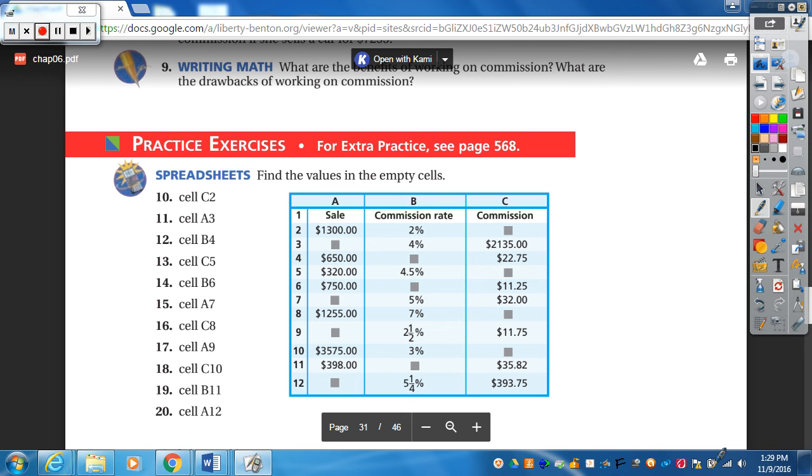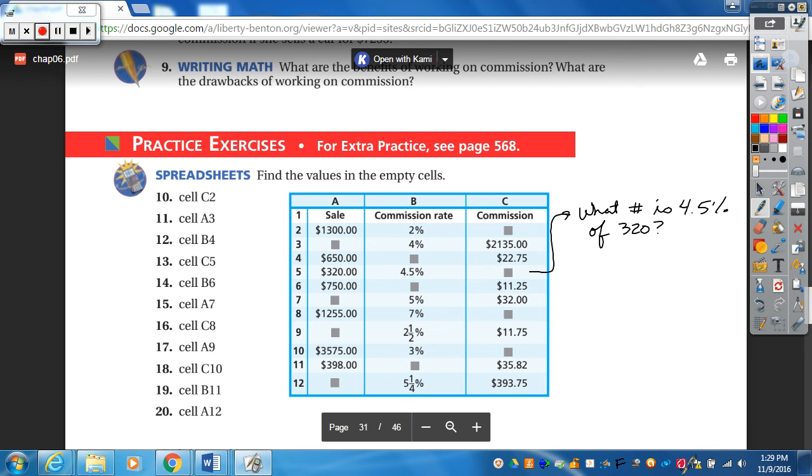Number 13 for C5, let's go ahead and take a look at that. C5, okay, we're looking at the commission. So basically what we're asking is this. What number is 4.5% of 320? Okay, what number is 4.5% of 320?